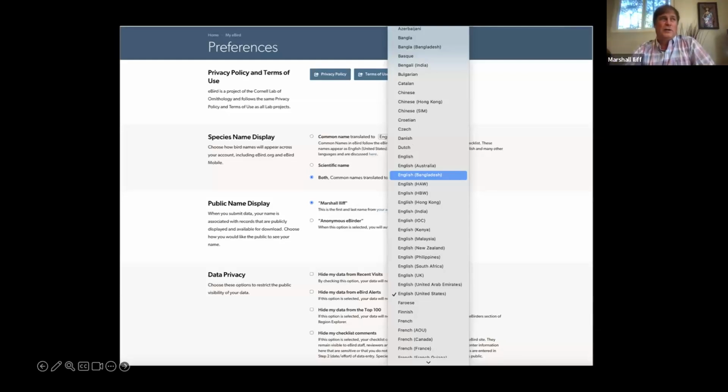And the one quick thing to say is that the web interface and the mobile interfaces for, say, Merlin or eBird Mobile, those actually do need to be set independently. They're not automatically talking to each other about what nomenclature you might want to use. That's partly because people sometimes want to maintain those in different ways on different devices, but you do need to set those independently.